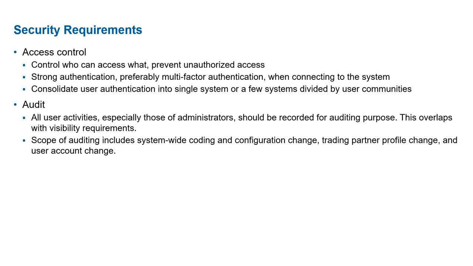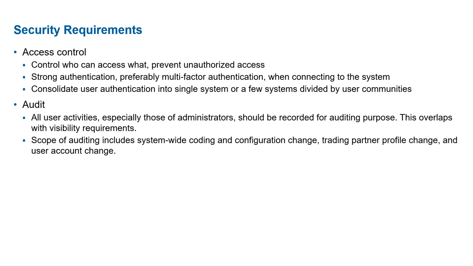Now, from access control, I've highlighted the first one is around, as mentioned, controlling the access, regulating who can access what resources, preventing unauthorized access. Those are important. The second one is around strong authentication, the requirements around implementing robust authentication methods, like maybe having multi-factor authentication when connecting to different systems, and maybe having single sign-on.